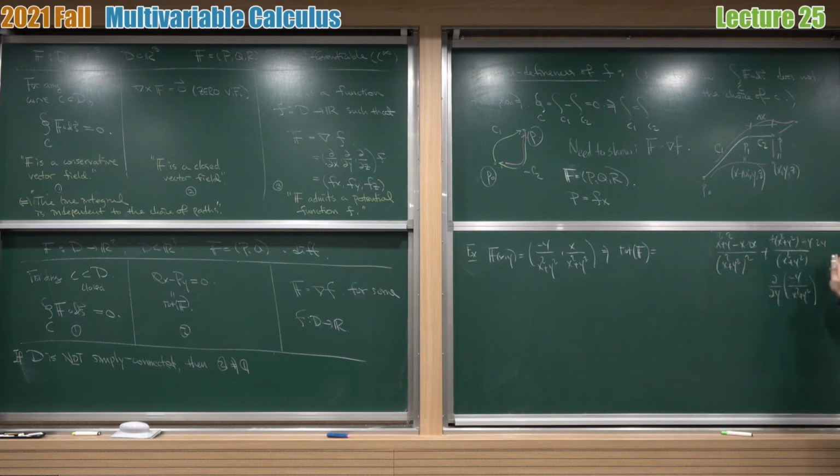If you add these two, what do you get? You have 2x^2 subtracted with 2x^2, and 2y^2 subtracted with 2y^2, and you get 0. So it's a zero rotational field.